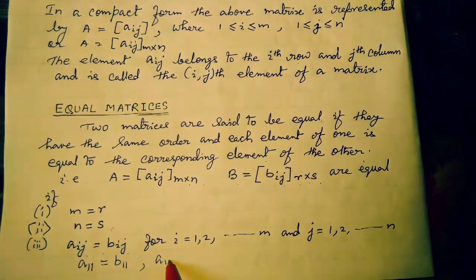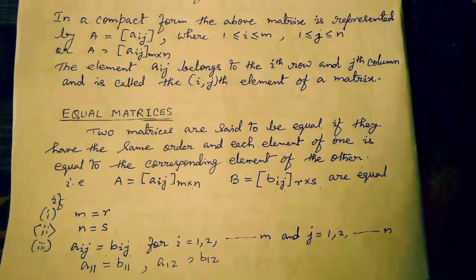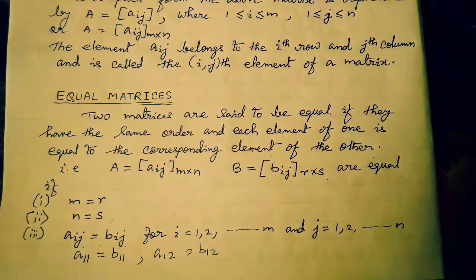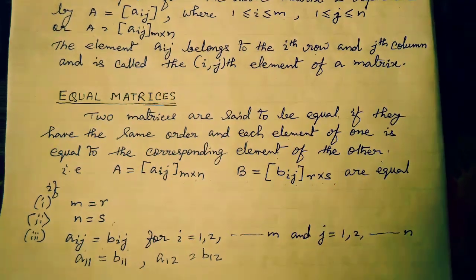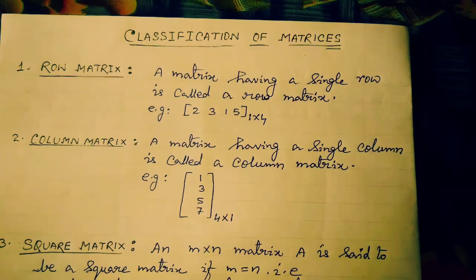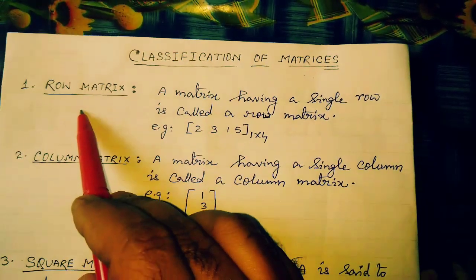Similarly, A12 and B12 will be the same. Similarly, if all the elements are equal, then only you can say these are equal matrices, or you can say equality of matrices.